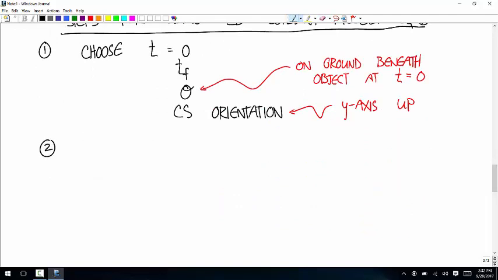For 1D problems, what was the next step? List out what we know and what we want. Do you remember how many variables there were that we had to account for in 1D? 6, I think.